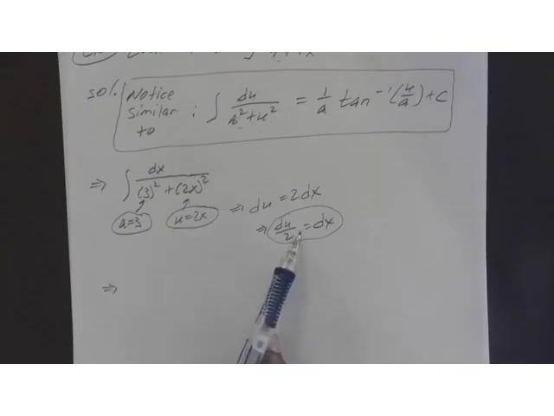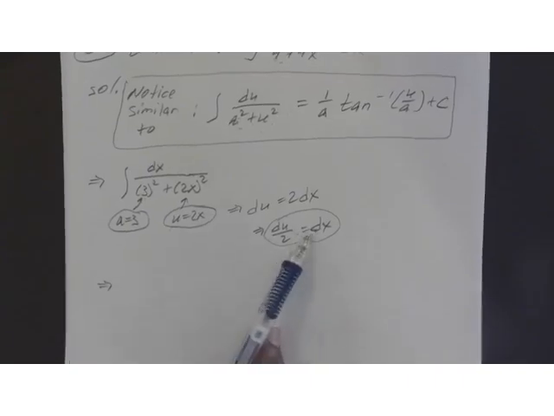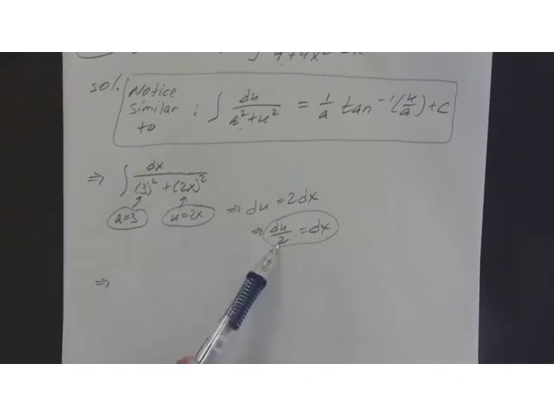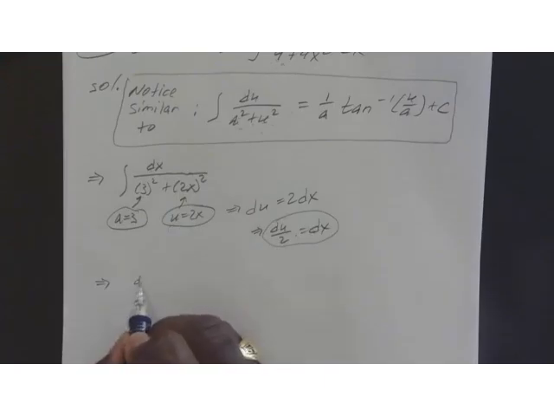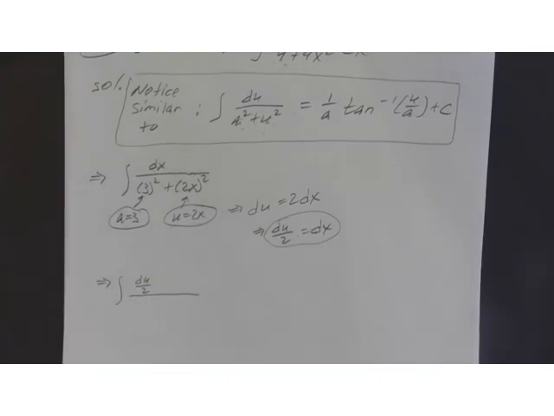Okay, so now we just plug everything in. That dx, we can replace that with du over 2. The integral of du divided by 2, or we can say 1/2 times du, same thing, divided by 3 squared. So we can say a squared, because we did find our value for a.